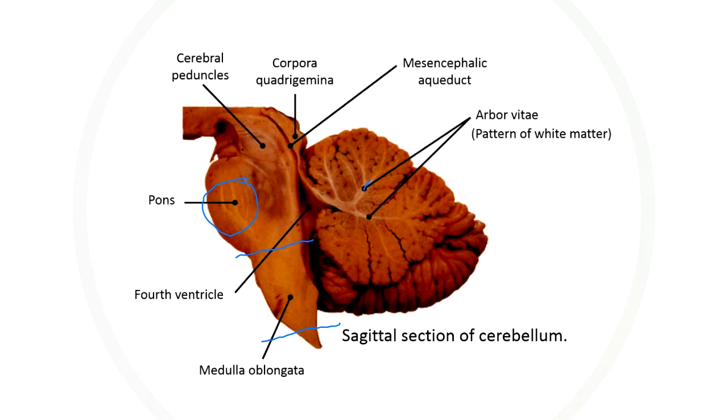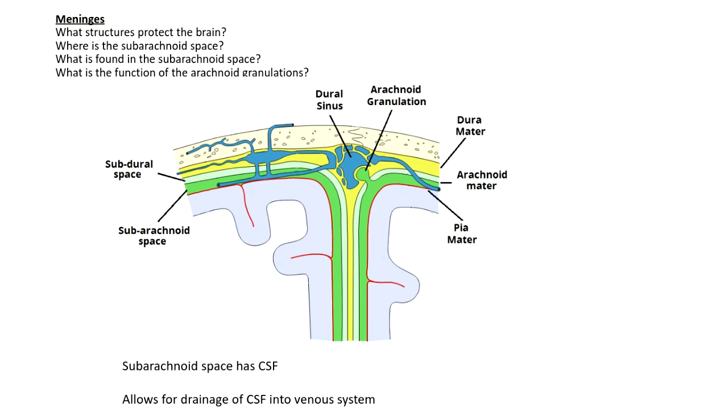This is also an important structure to know. Okay. We talked about the corpora quadrigemina. This is the reflex center. And again, we talked about the arbor vitae. Now, there won't be too much labeling on this, if there will be any labeling at all. It's mostly just function, okay?